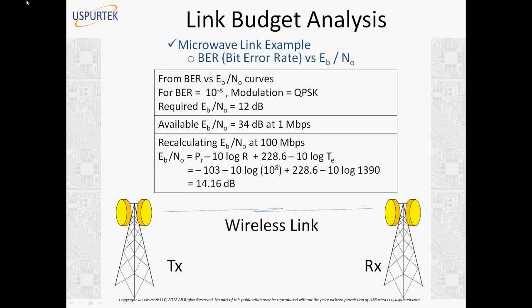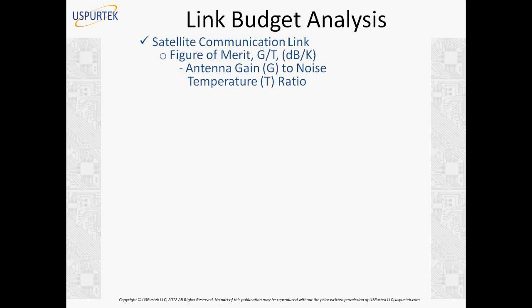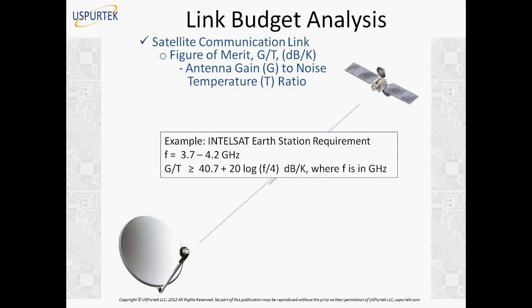Okay, let's move forward. Now, for a satellite communication link, there is another thing that comes in, figure of merit. Figure of merit is nothing but the ratio of antenna gain to noise temperature of the antenna.